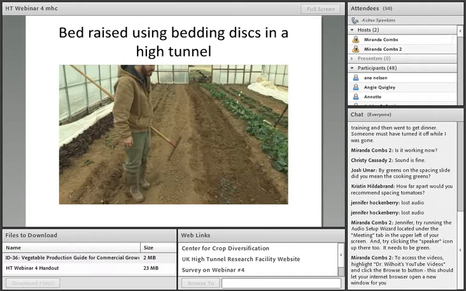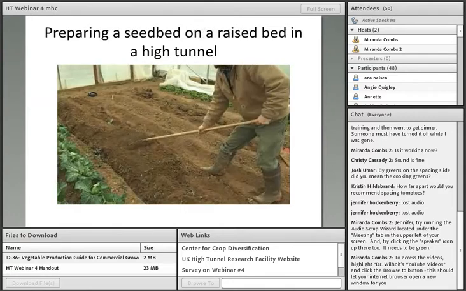So here, this is following the use of the disc bedders, and this is a bed that's used the hilling discs, raised bed, and then Aaron is raking the bed to prepare a seed bed, kind of raking out some of the trash, as he called it, from the previous crop, which was kale in this case.